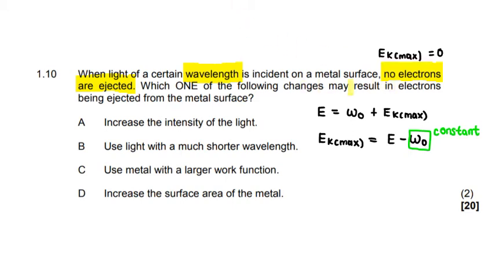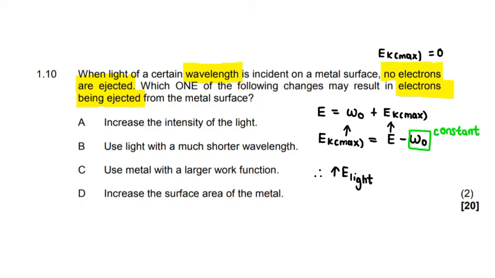You want to create a change such that electrons are being ejected. So you want a kinetic energy this time. Basically, you want an increase in the kinetic energy. So if this value remains the same, then you must increase the energy of your light. Therefore, we need to increase the energy of the light.